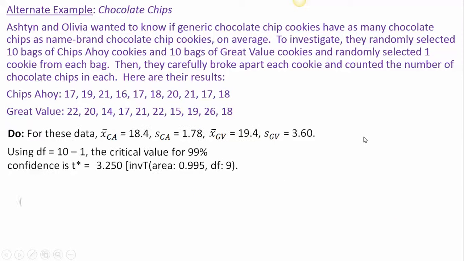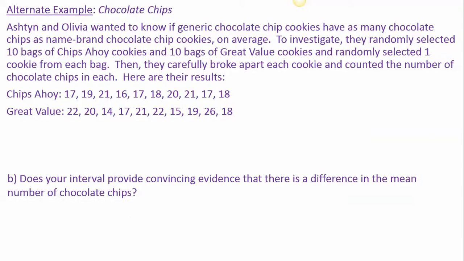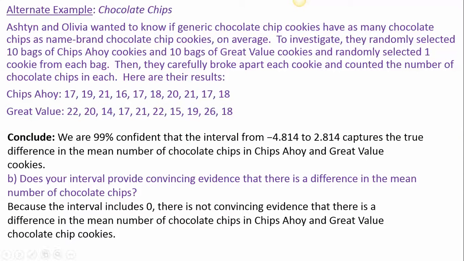If we look at the interval that we came up with, we have both negative and positive options. So Chips Ahoy could be more, Great Value could be more, we don't really know. But the other thing is that 0 is included in there. And because we are 99% confident that this interval captures the true mean, 0 is definitely an option. And if 0 is an option, they could be exactly the same. So there is not enough convincing evidence to determine that there is a difference in the mean number of chocolate chips.